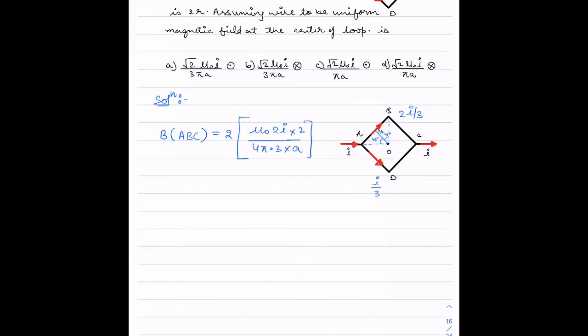Now the angle we have to multiply, so it's 2 into sine of 45, and sine of 45 is 1 upon root 2. So this is what I will get. Now I have to solve this. Solving is not a big deal over here. If you can see this, the 4 gets cancelled.